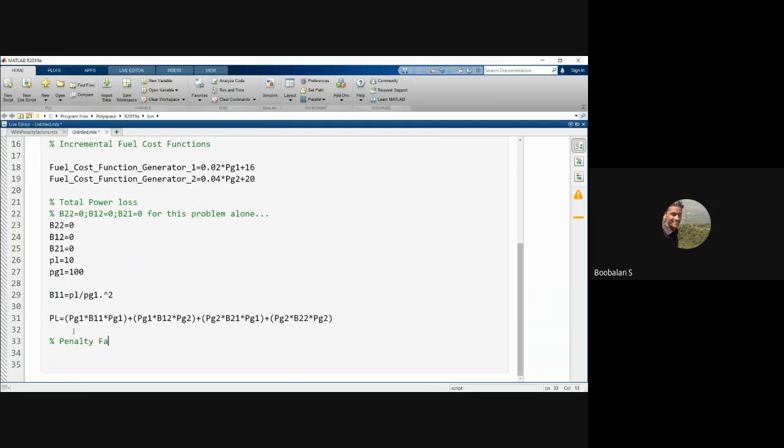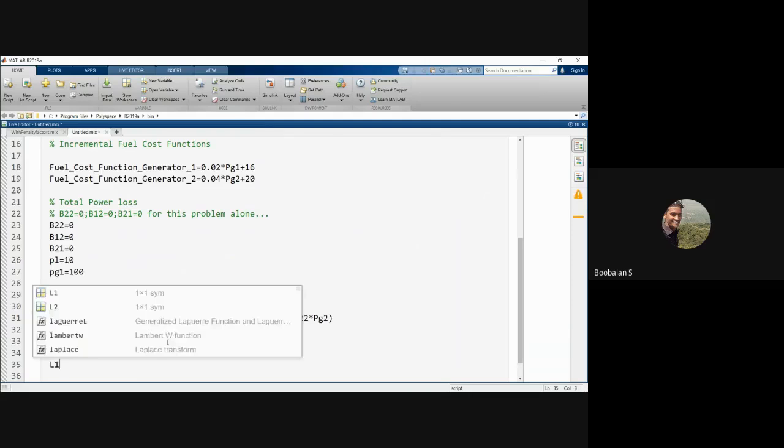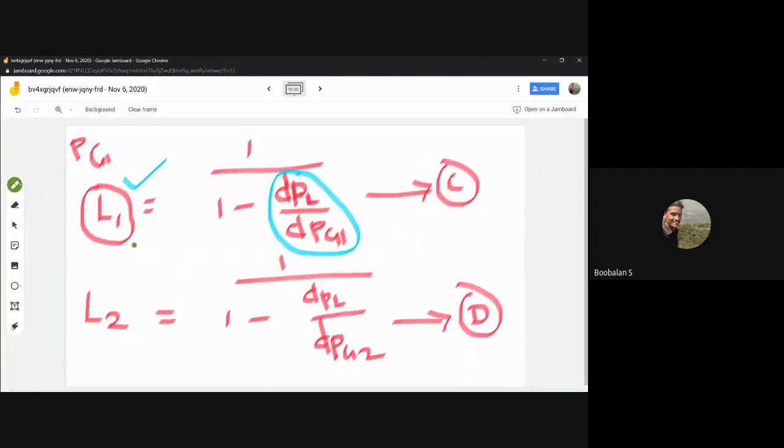Penalty factor L1, L2. So what is the formula for L1? L1 is equal to 1 divided by 1 minus dPL by dPG1.